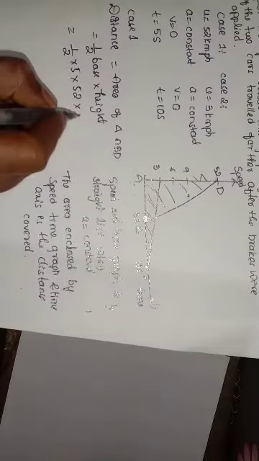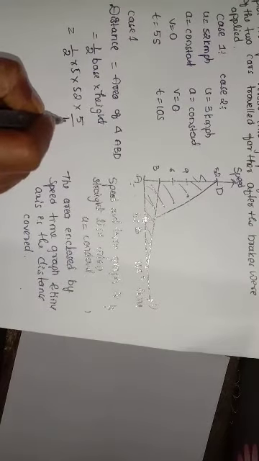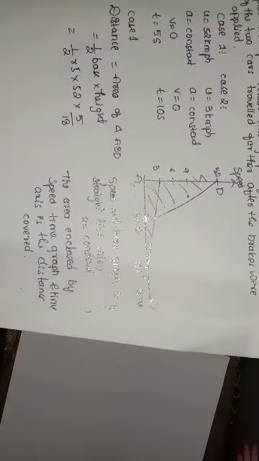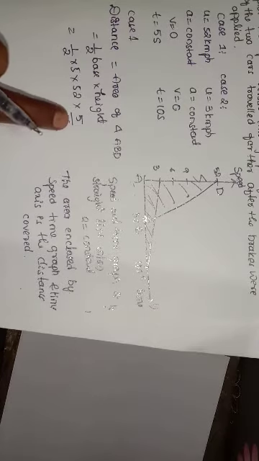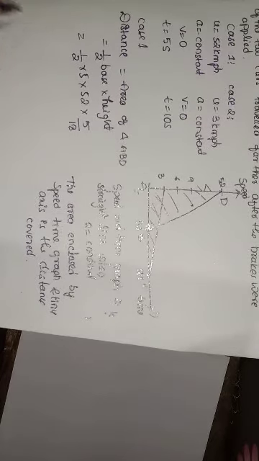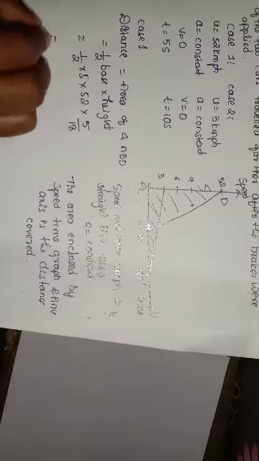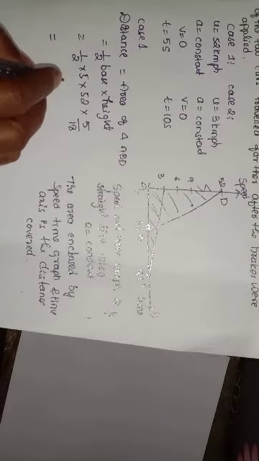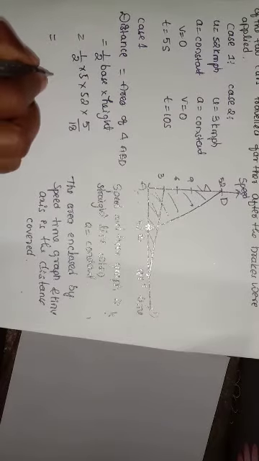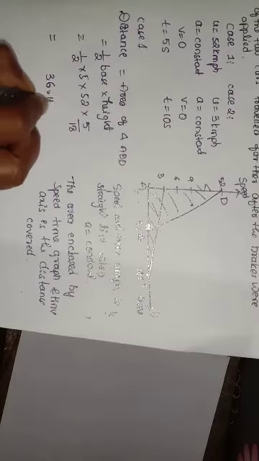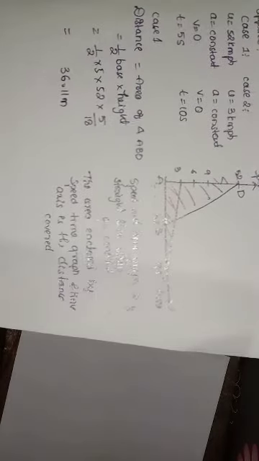That's why I'm converting kilometers per hour into meters per second: we multiply by 5/18. Try to do the calculation, and here you will get a distance equal to 36.11 meters.